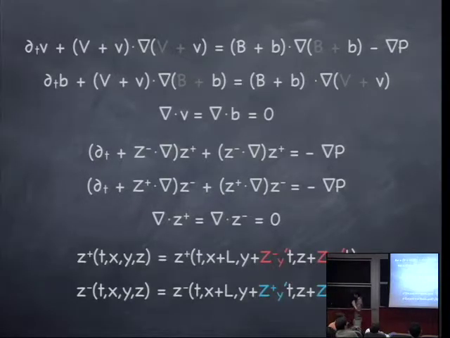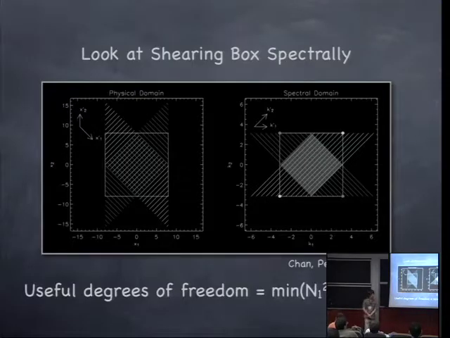So this is about generalizing the shearing box, but there's another thing I want to show you. This morning we heard about spectral methods, which is the numerical method I always use. One reason spectral methods are less popular in the shearing box is probably the shearing coordinate. Say this is our computational domain.